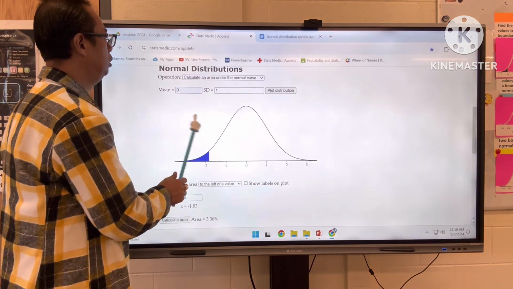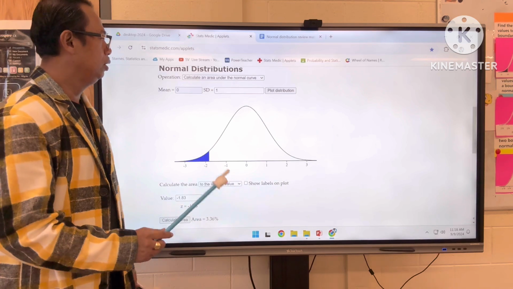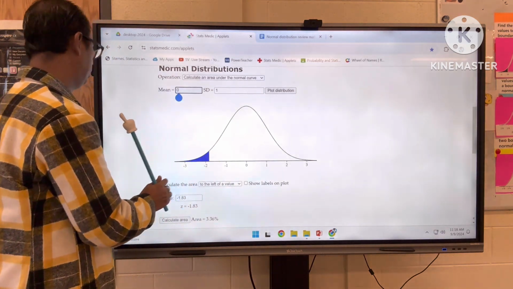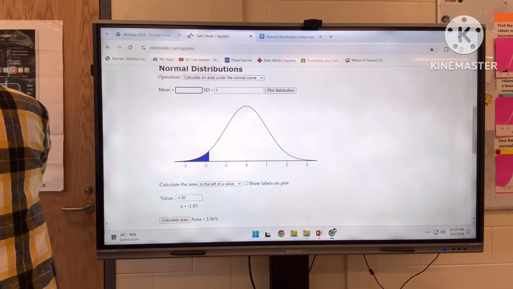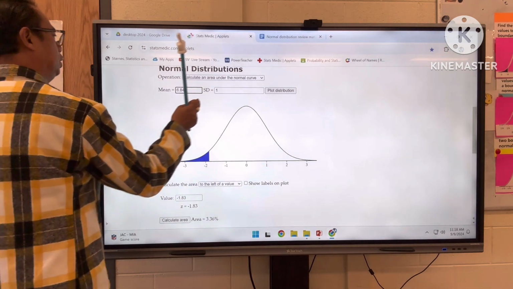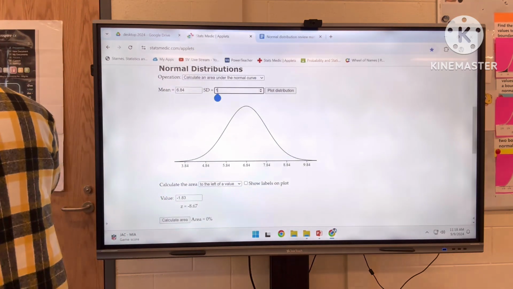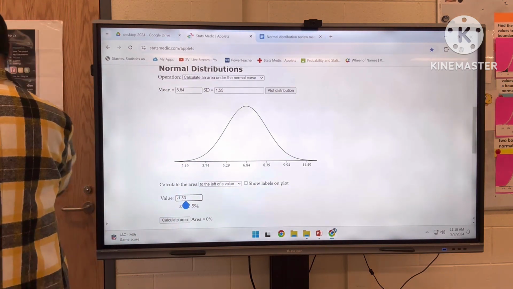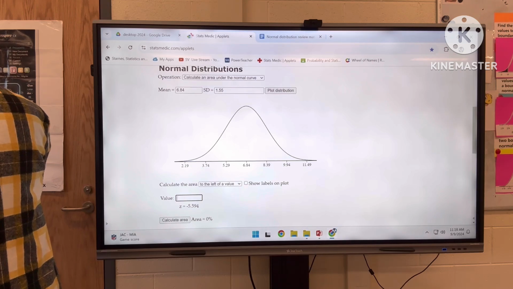So this is standardized, okay? So if it is unstandardized, the mean will not be 0, no? It will be 6.84. And then this will be 1.55. And of course, this will be different, no? This will be 4. So remember that?